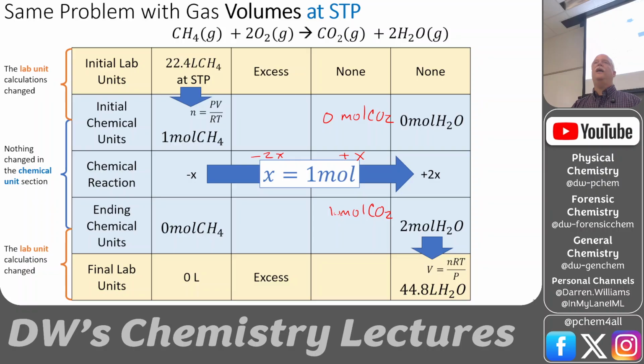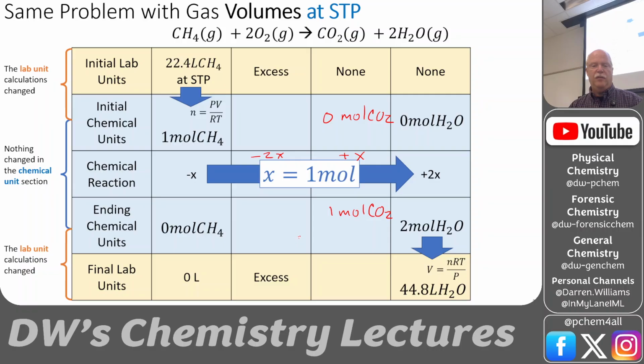Is everybody okay with what I just did? We started with 0 CO2, and X is 1 for the whole table. And we have plus 1 mole of CO2 added to 0, so we got 1 mole of CO2. And then let's use the ideal gas law here.